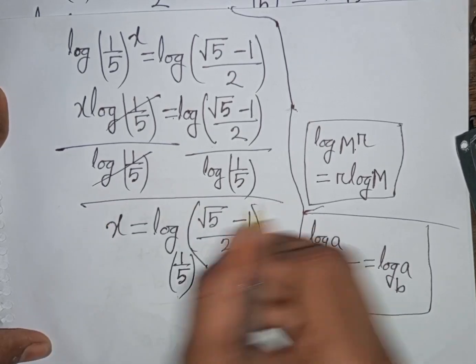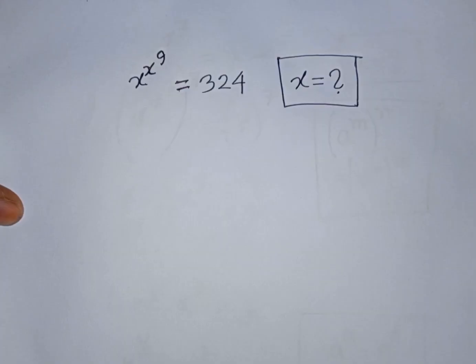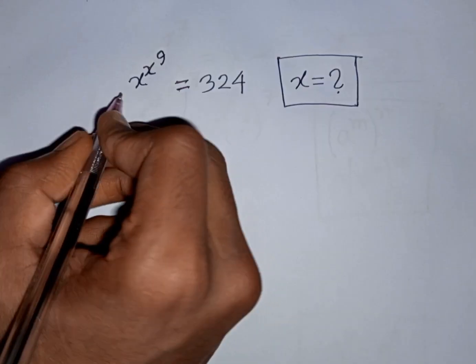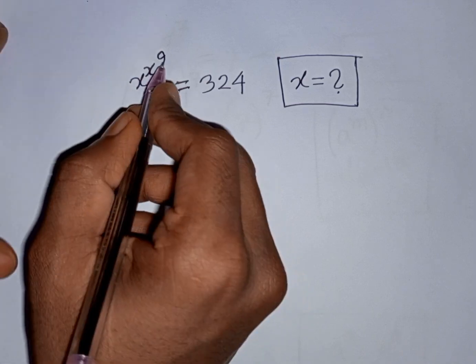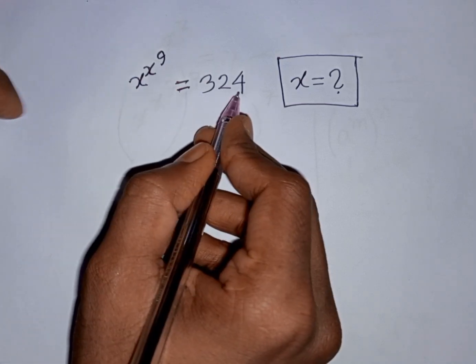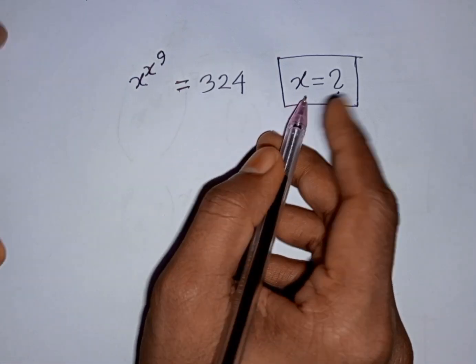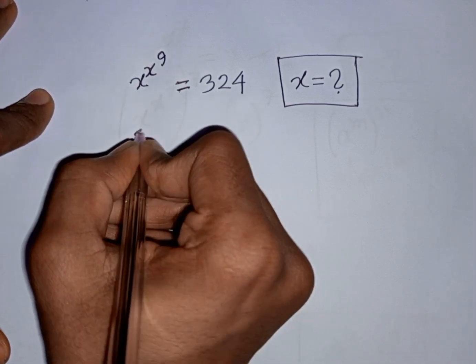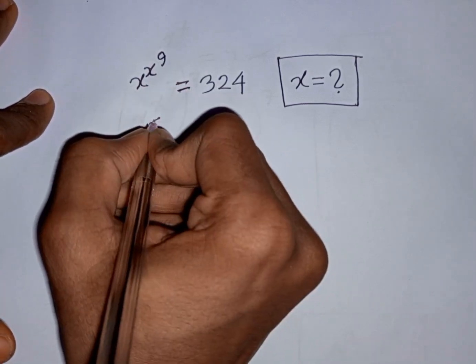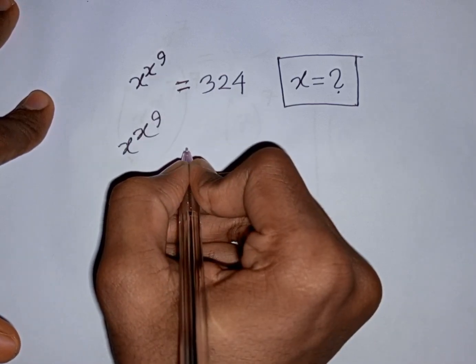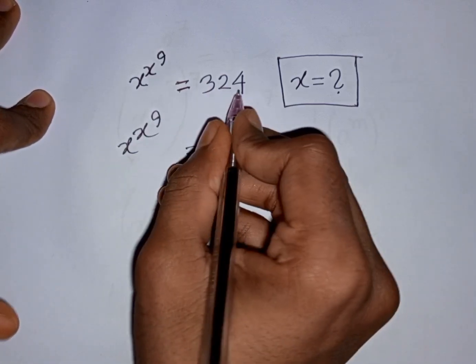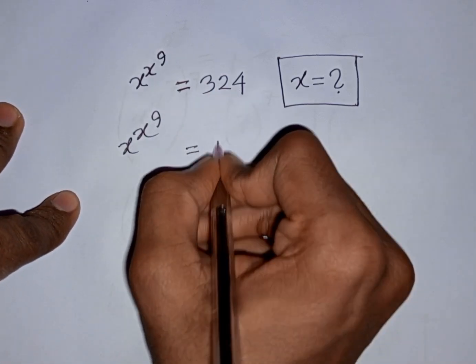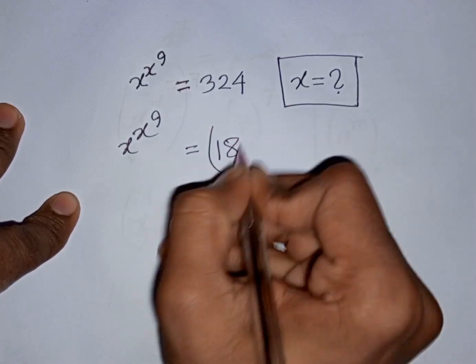So, how to solve x power 9 is equal to 324. Find the value of x. So we have x power 9 is equal to 324, which can be written as 18 square.